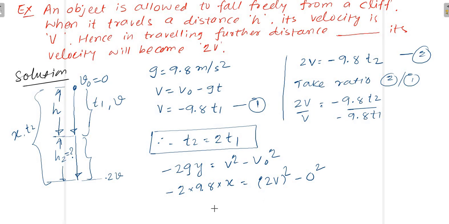Is it not? So the distance is already available now. How much is this distance? The formula comes out to be that 4v square is equal to minus 2 into 9.8 into x. You can say this equation number 3.